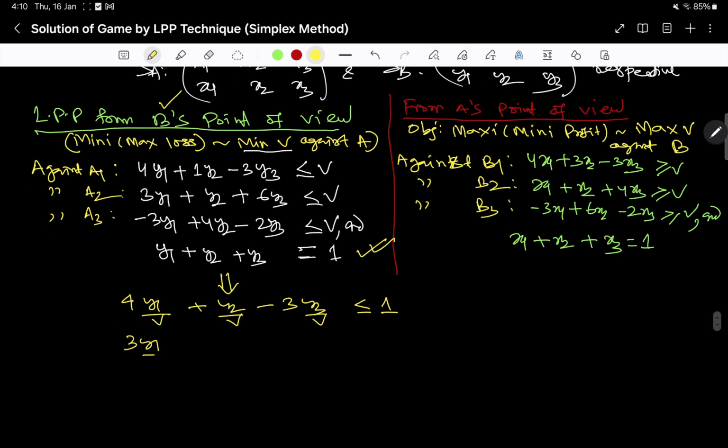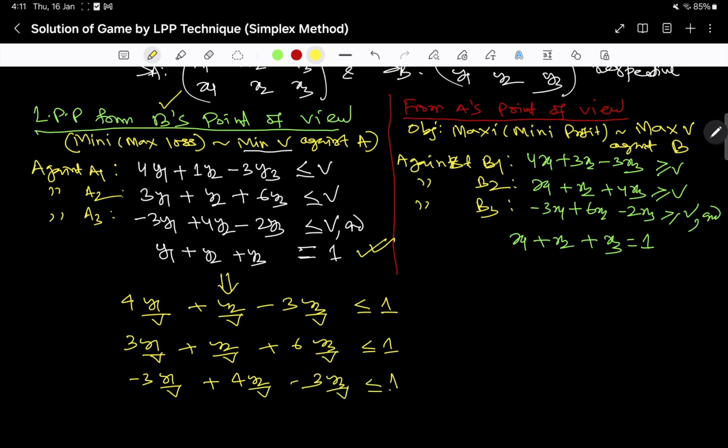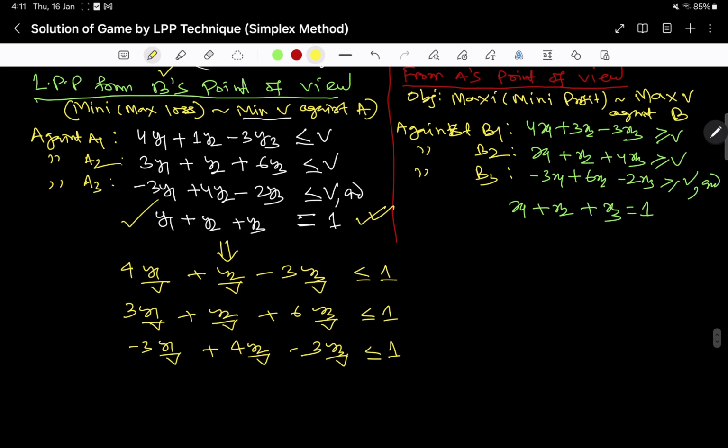Similarly 3y1 by V plus y2 by V plus 6y3 by V less than or equal to 1, and minus 3y1 by V plus 4y2 by V minus 3y3 by V less than or equal to 1. Finally, y1 by V plus y2 by V plus y3 by V is equal to 1.